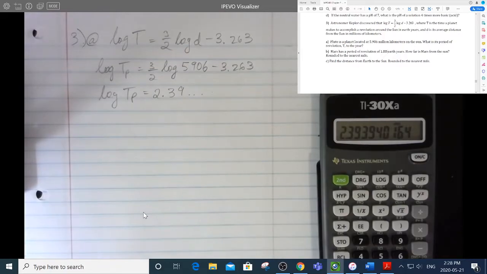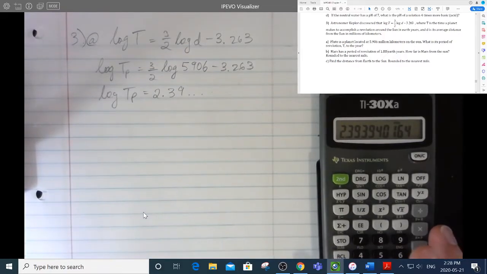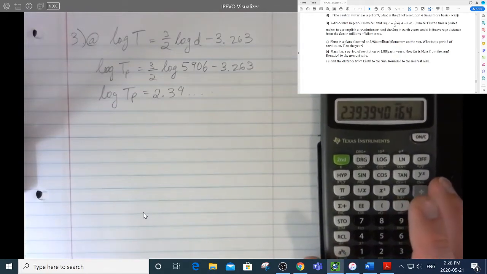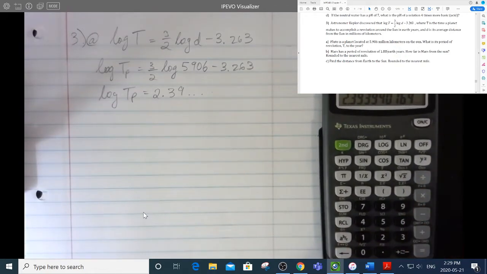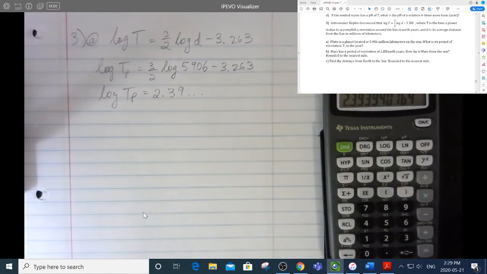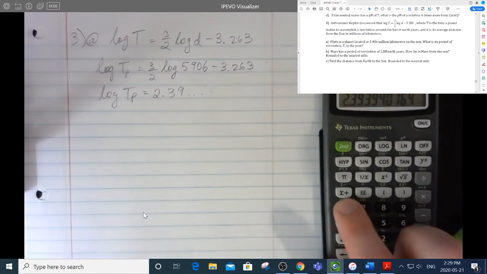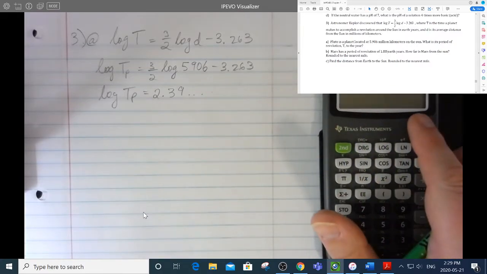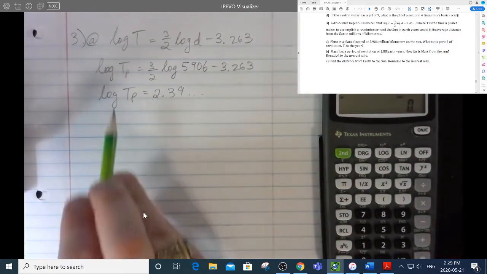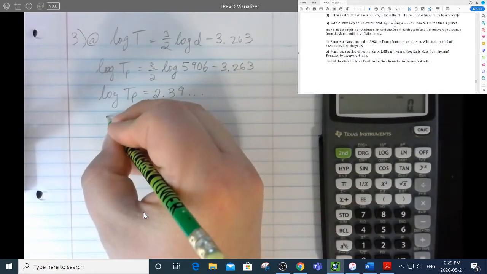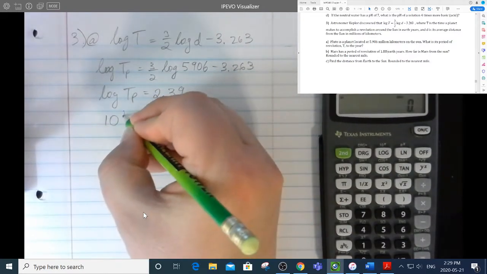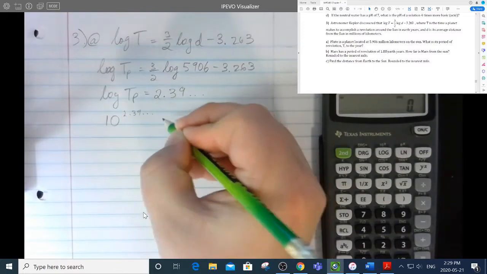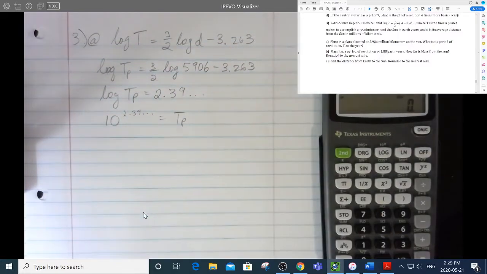Now, I would like this to be as accurate as I can possibly get it, so I'm going to use this little trick. I'm going to move this up so you can see what buttons I'm pressing. I'm going to store this number in memory 1. And now a little M1 comes up on the screen. And then I'm going to change this equation to exponential form. So 10 to the power of 2.39 blah, blah, blah is equal to the argument, T, the period.